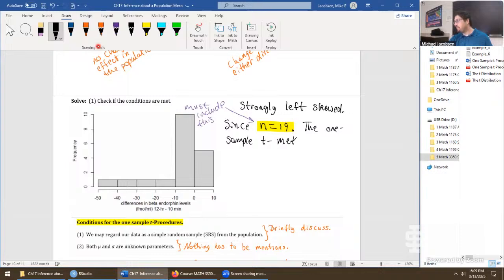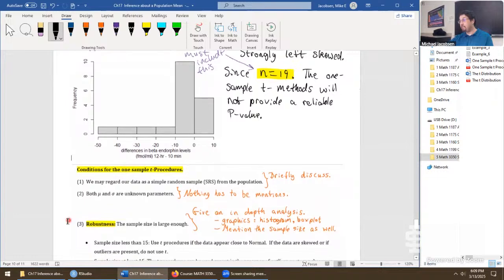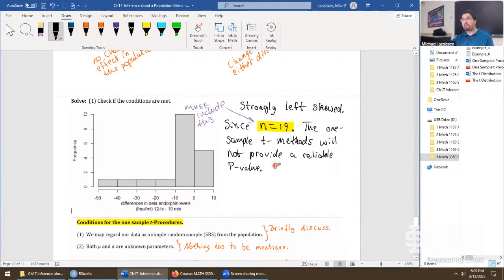The one sample T methods will not provide a reliable p-value. Our p-values are approximations in the first place, and the approximation is only good if we pass the robustness check. Now, it doesn't look like they're going to be good at all.